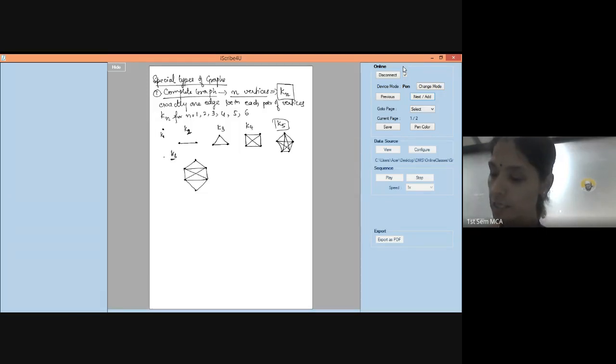I'll connect this, this, then this part, then this. Now between all pairs of vertices, we have exactly one edge. Such a graph you call a complete graph. A complete graph is represented by Kn, where n is the number of vertices.